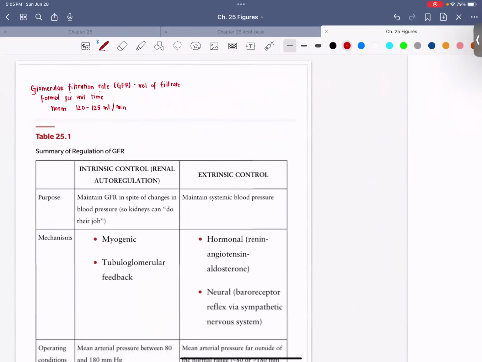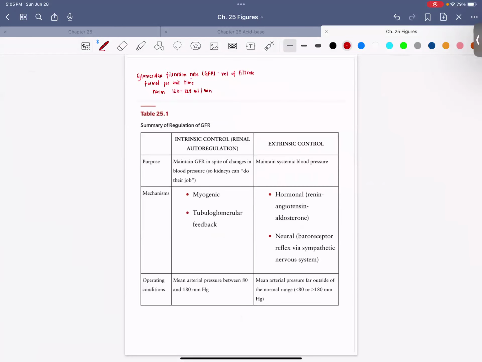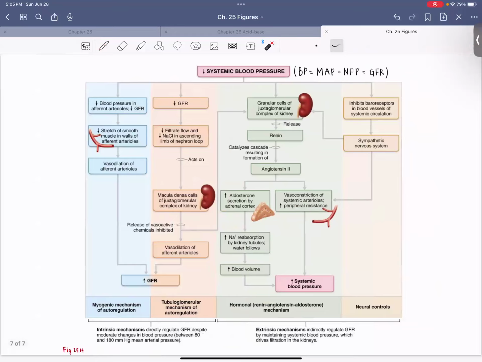This table has a summary of the regulation of the glomerular filtration rate. So I want to talk just a little bit about a couple of these intrinsic mechanisms. Intrinsic meaning they're internal to the kidneys.